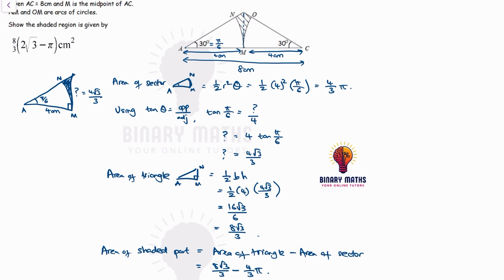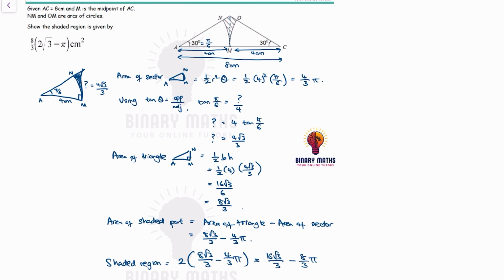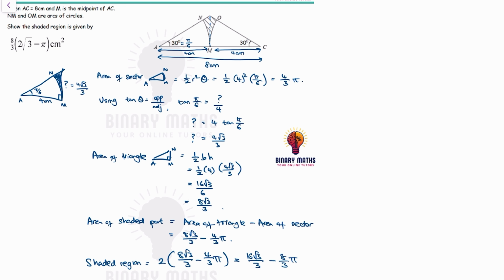Now I need to somehow make it look like what we have as an answer. So let's multiply everything by 2 and expand the bracket, so I get 16 root 3 over 3 minus 8 over 3 pi. Now the common thing here is the over 3, and in the numerical part, 16 and 8 have 8 in common.